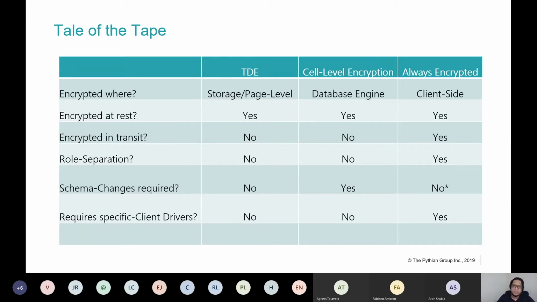For Always Encrypted, there is a specific requirement for client drivers. There are a number of drivers available out there that allow Always Encrypted. For example, .NET Framework 4.5, I think, allows Always Encrypted, as well as some ODBC drivers that allow AE. So if you're going to use AE, you need that on your client side, on your application.